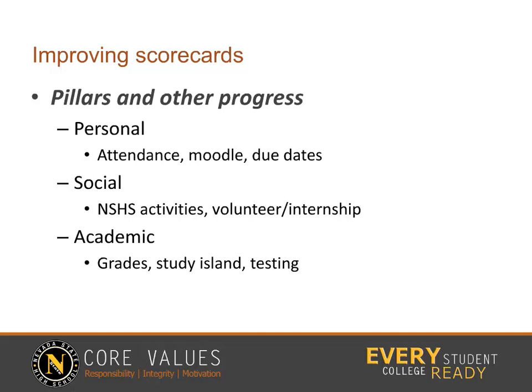Completing required Study Island ribbons and, again, getting tutoring before you even need help can help you advance your 300 and 400 pillars. Doing all of the previously mentioned things will help you improve your scorecard. Make sure that you do these things consistently because scorecards are updated 2 or 3 times every semester. Click to the next slide when you're ready to continue.